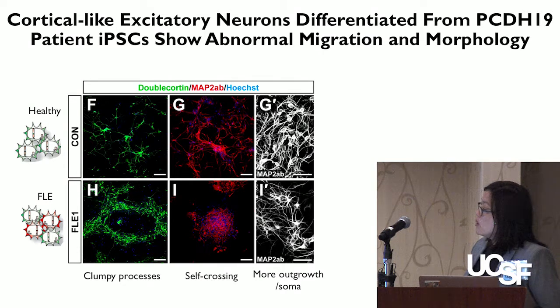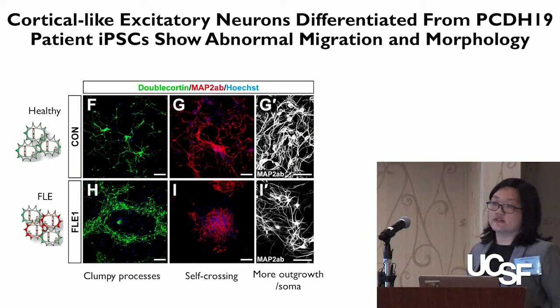And then there is more neurite outgrowth per soma. If you look at this neuron here, this is the soma, and there are many processes growing out from the soma. Compared to this, the wild type has really thick processes and less neurite outgrowth from the soma, which, when we see this data, we suspect reflects premature neuronal differentiation.